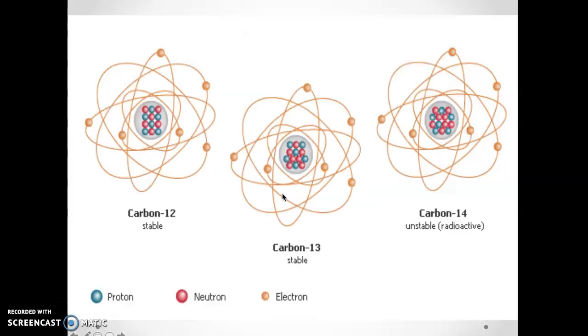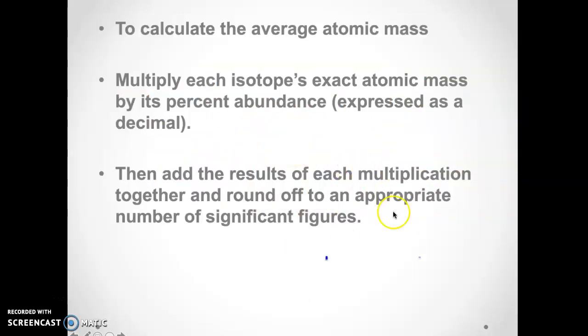And now, okay, I think that is everything except for we are going to look at an example on how we get the average atomic mass. So here are your notes. To calculate average atomic mass, so when you look at the periodic table and you see that hydrogen is 1.0008, how did we get that mass? Carbon is 12.01. Oxygen is 15.99. How do we get those exact numbers?